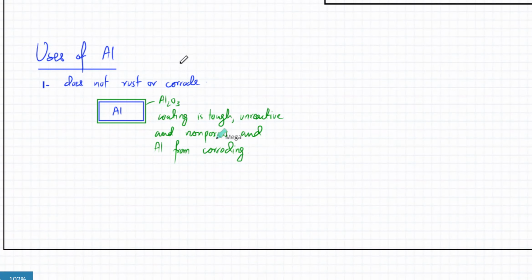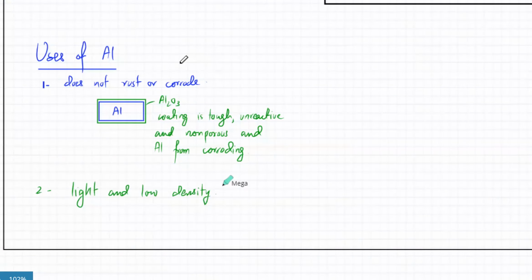The second thing is it's light, it's low density. So it's really light. Aluminium as a material is really light. And the third property is that it's a very good conductor of electricity and heat.